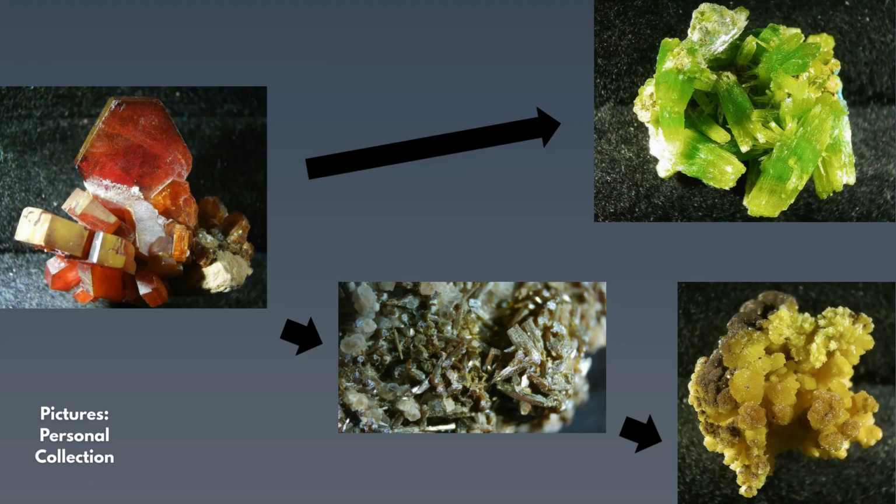Vanadinite has vanadium in it, and the pyromorphite has phosphorus. And then in the bottom right corner, we have mimetite, which has arsenic in that spot. And that intermediate member there is endlichite, or arsenic-bearing vanadinite, which has a bit of both and is therefore intermediate.